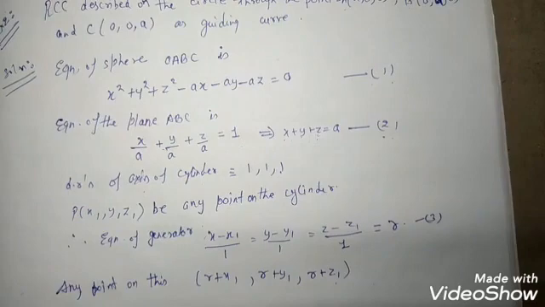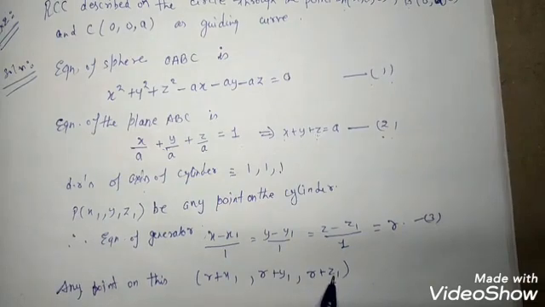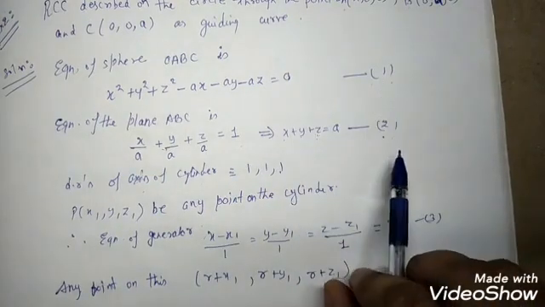Now since the generator meets the guiding curve, this point will satisfy the equations of the circle given by 1 and 2.